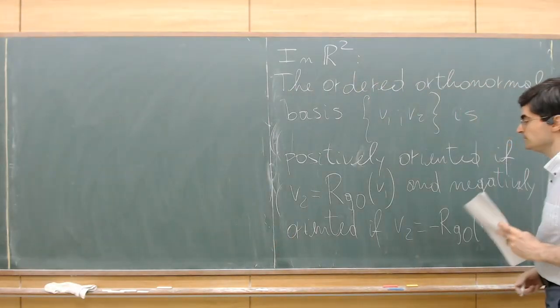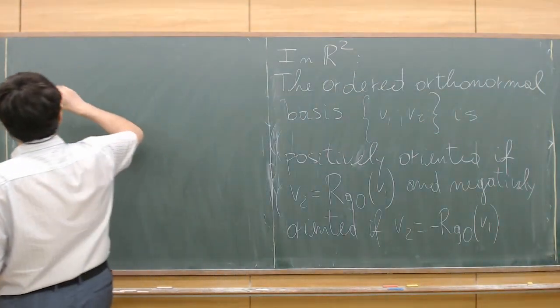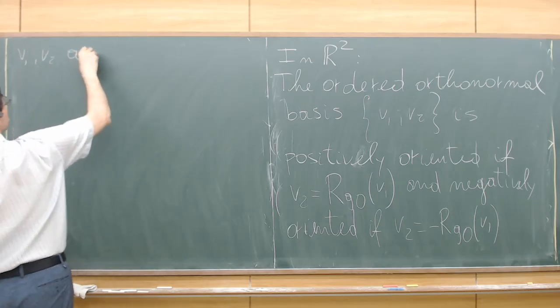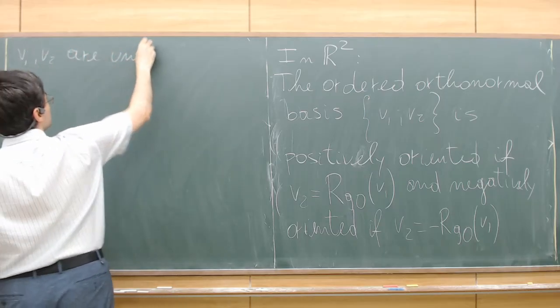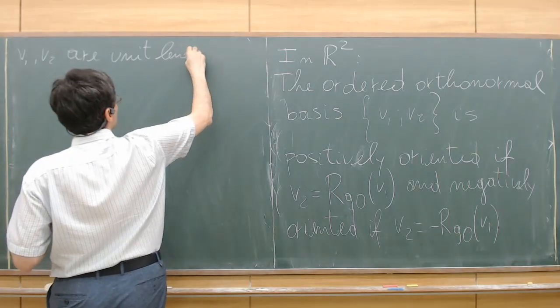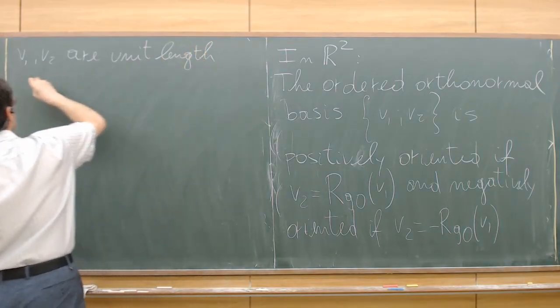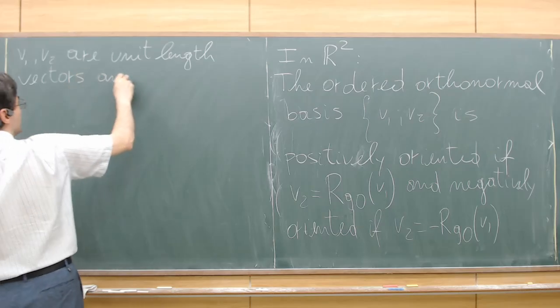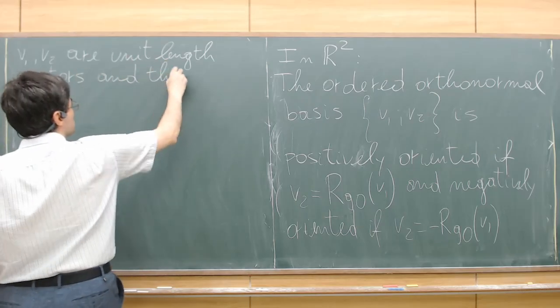Why is this true? V1, V2 are unit length vectors, and they are orthogonal.